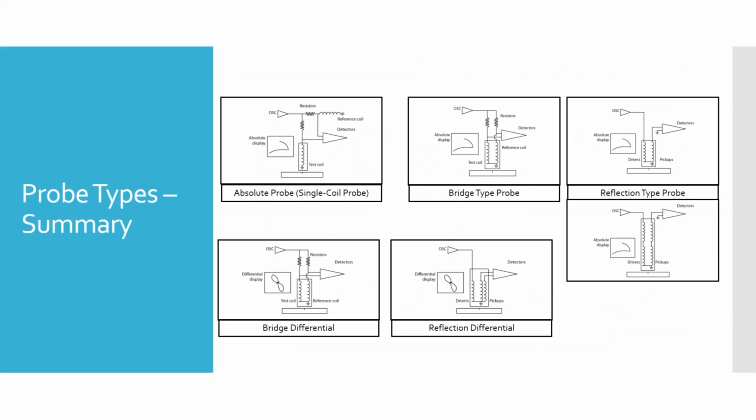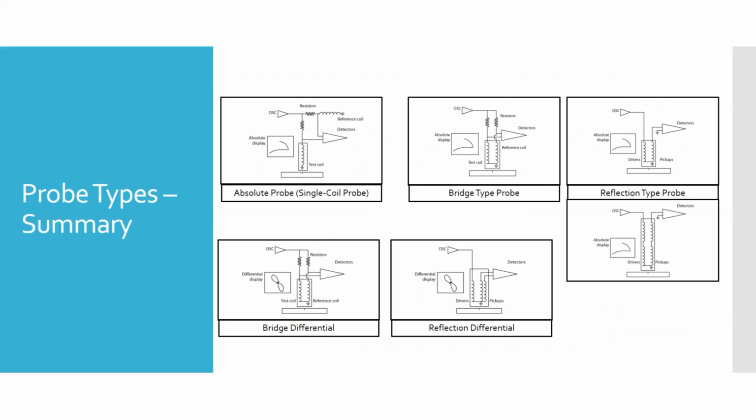But again, the two coils on the left here are driven, are getting current run into them. The two coils on the right are hooked to the detector. They're not tied to each other, so that's where it's still a reflection probe, even though it's got 4 coils built into it. And then the two on the bottom there are forms of hybrid probes.